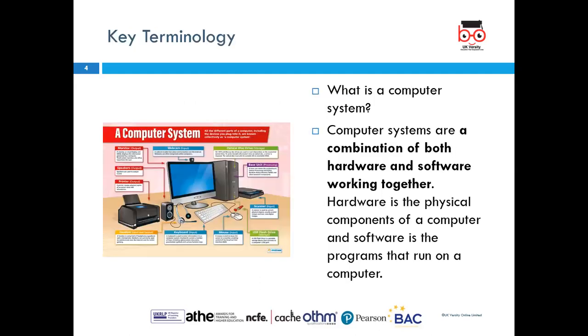So what do we mean by computer system? As we said, a computer system is simply the combination of hardware components and software components. What do we mean by hardware?